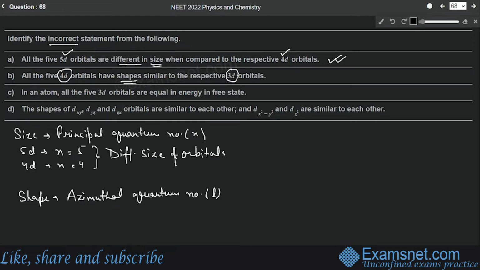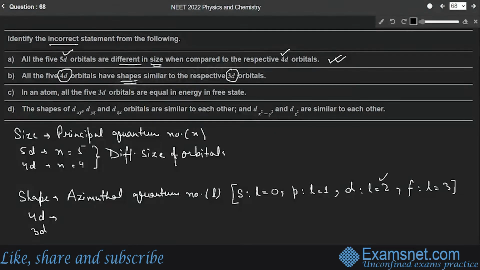So here we should remember that for s orbital, this azimuthal quantum number is 0. For p orbital, azimuthal quantum number is 1. For d orbital, L is equal to 2, and for f orbital, L is equal to 3. So here we have to compare the shapes of 4d and 3d orbitals, right? For 4d, the azimuthal quantum number is what? 2, because for d orbital it is always 2.